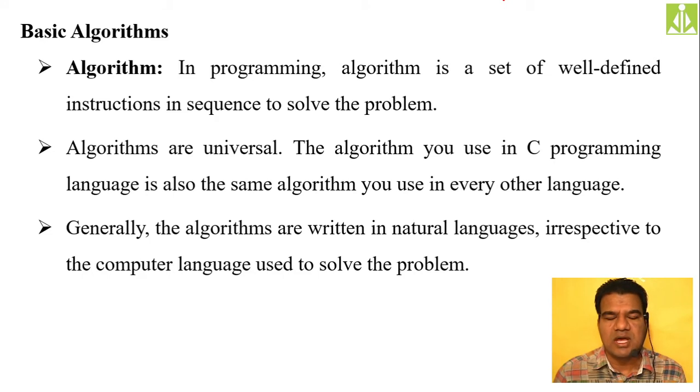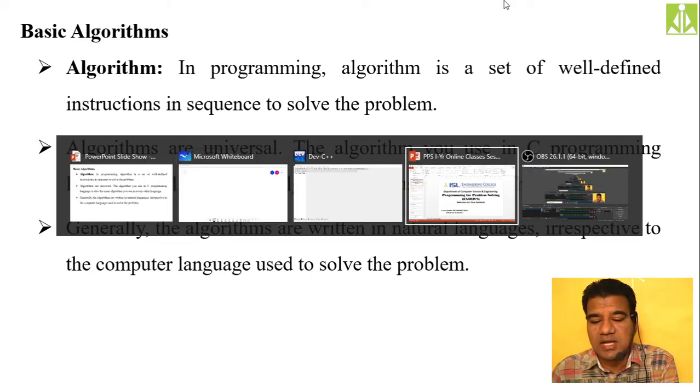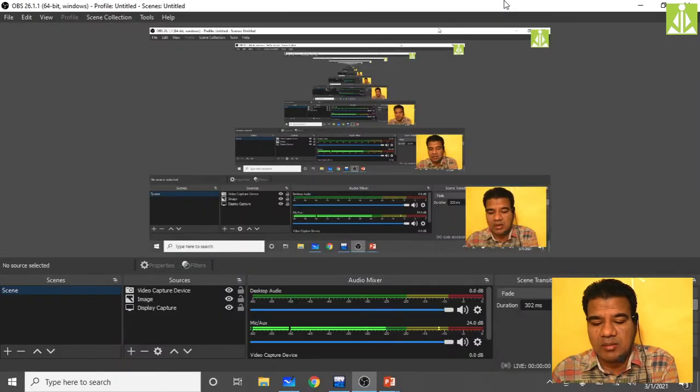In programming scenarios, we use the term algorithm. Whatever strategy we are following in both real-time scenarios as well as in the programming world, they are the same. The techniques for solving the problem are the same, but the terminology we use is different. This you have to understand and remember.